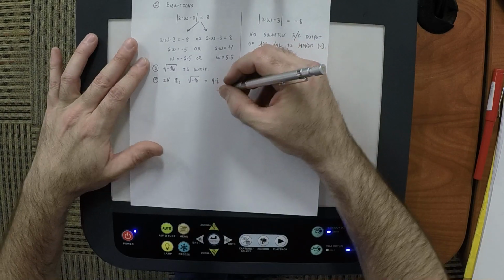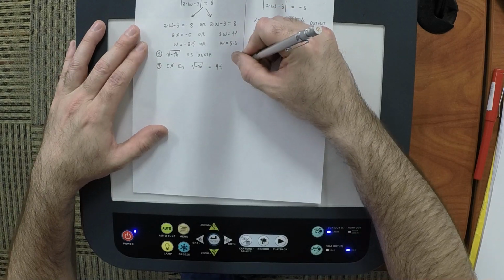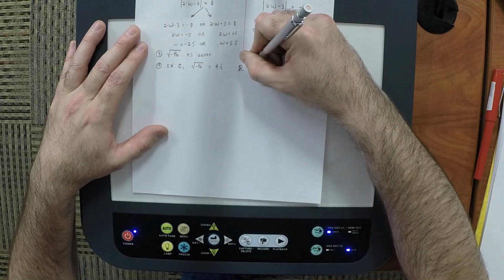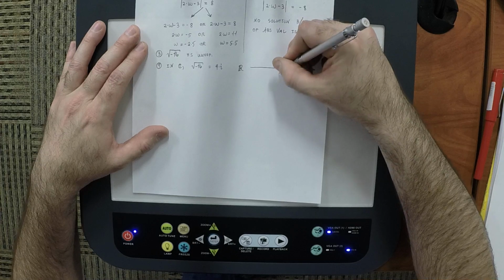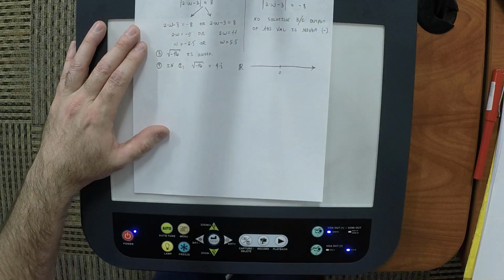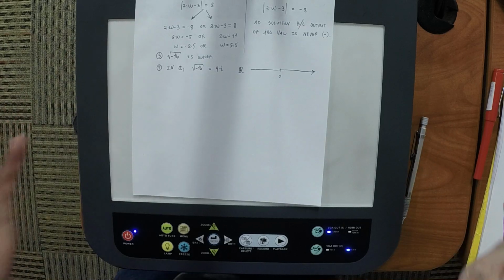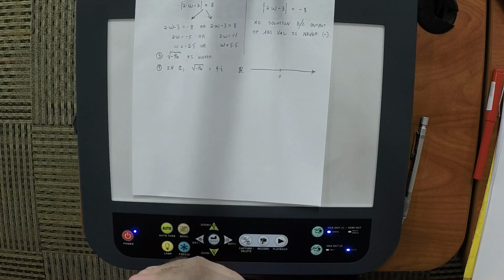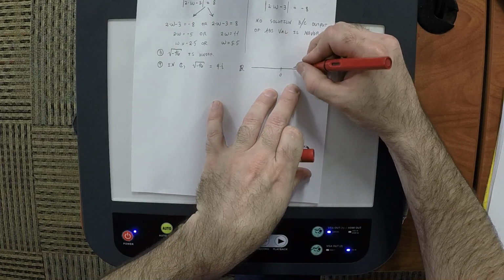I'd like to draw a little diagram to help you understand what's happening. In the reals, if this is the origin there, and I ask, what squares to 16? 4 and negative 4, right?